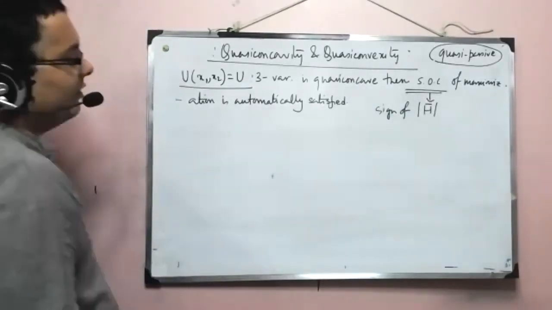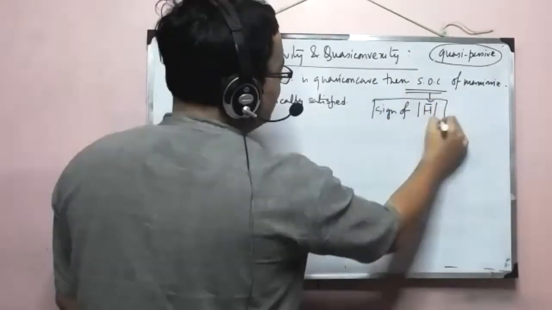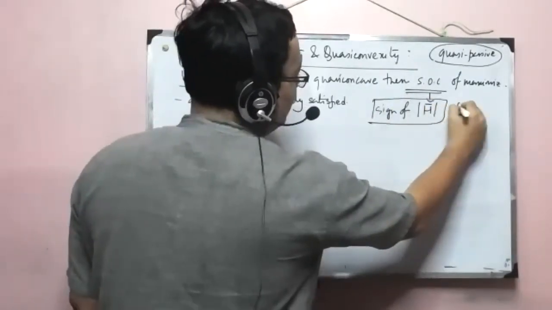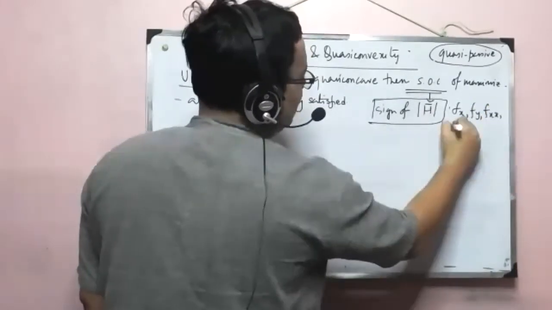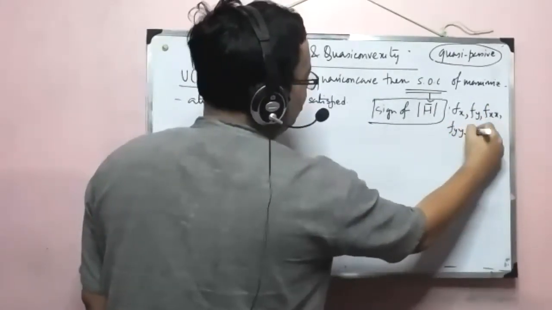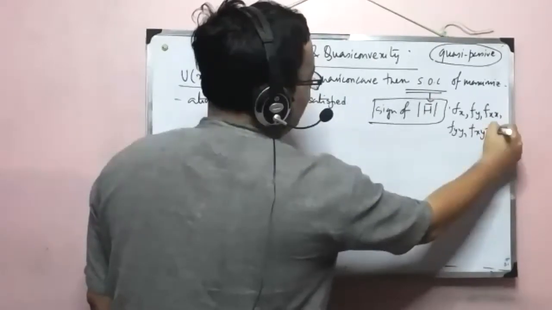But when I am looking at the bordered Hessian, it involves fx, fy, fxx, fyy, fxy, which is equal to fyx.